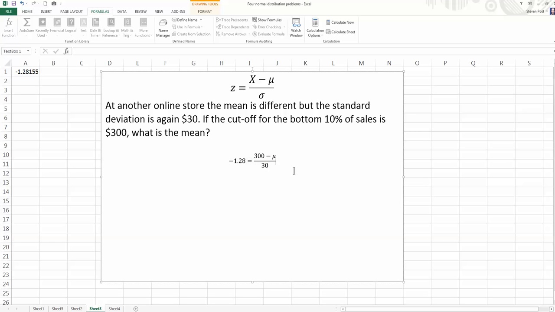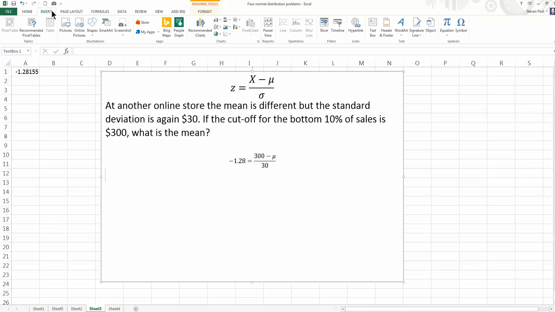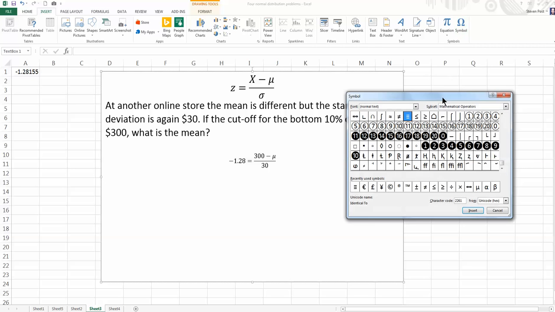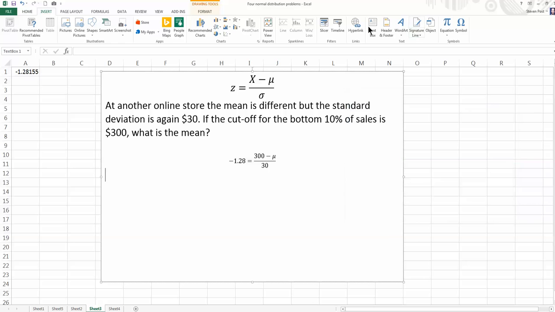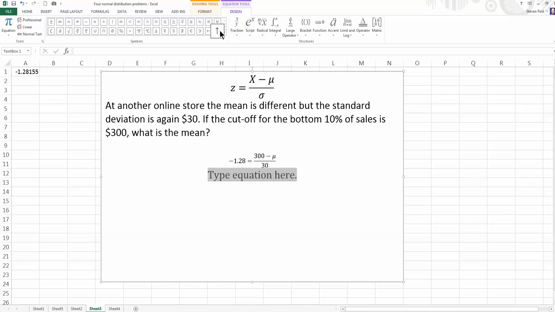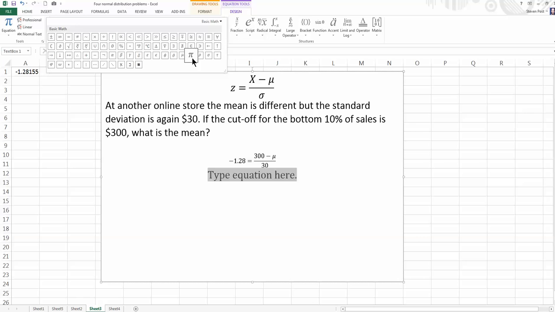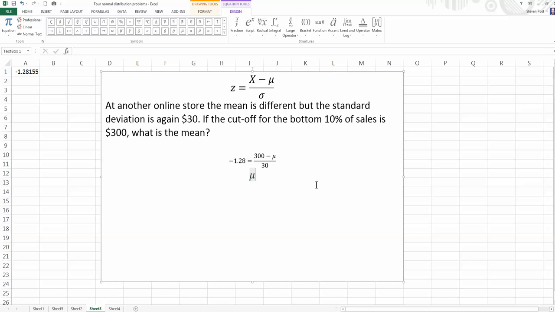So we get this equation, negative 1.28 equals 300 minus the mean over 30, and when we solve that, it becomes the mean equals 300 plus 1.28 times 30. I'll let you do the algebra to convince yourself that this becomes this.